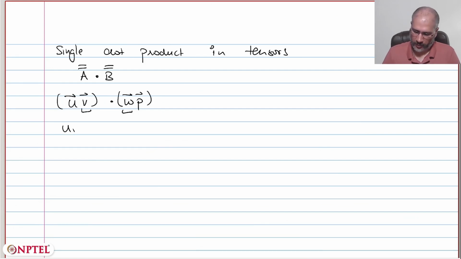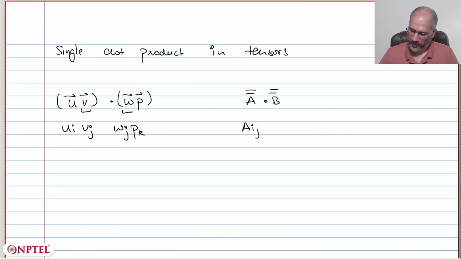Initially this was Ui Vj and then Wj Pk. We'll follow the same in second order tensors. So we have tensor A single dot with tensor B, and this becomes Aij and then Bjk.